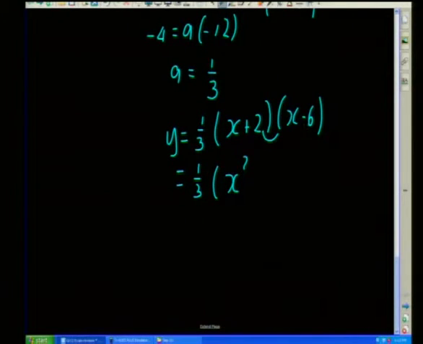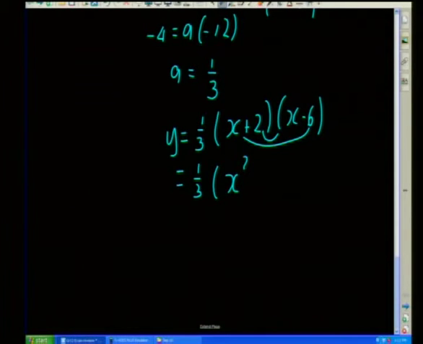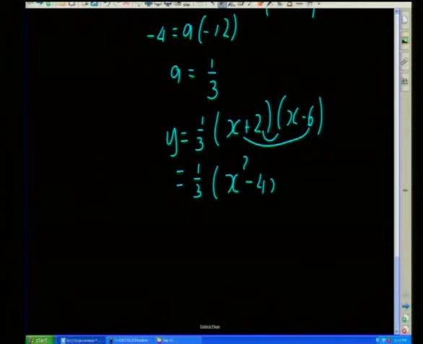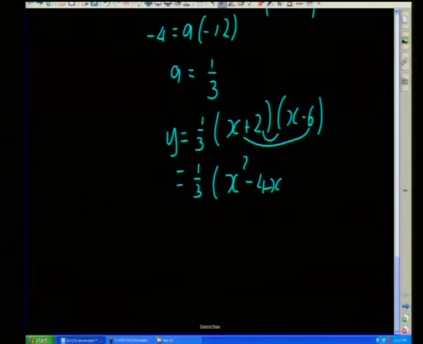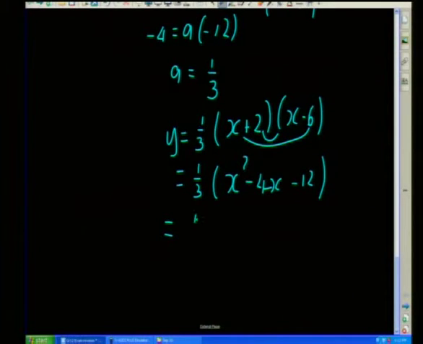Plus 2x minus 6x is going to give me minus 4x. And then plus 2 times minus 6 will give me minus 12. Times your 1 over 3 into that bracket, and you're going to get a third x squared minus 4 over 3 x and minus 4.